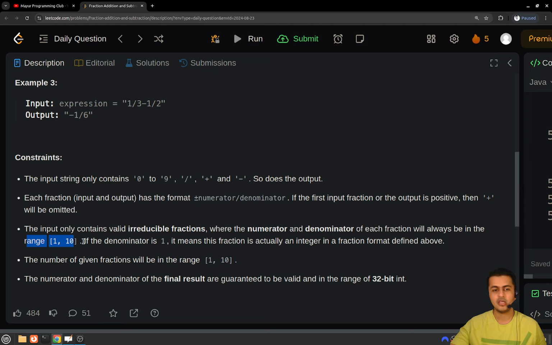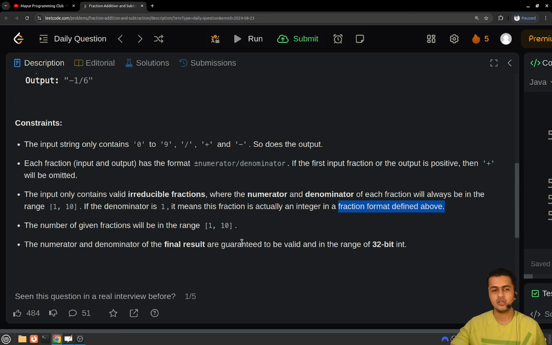If the denominator is 1, it means the fraction is actually an integer in the fractional format defined above, so the denominator part will not be there. The number of given fractions will range from 1 to 10.